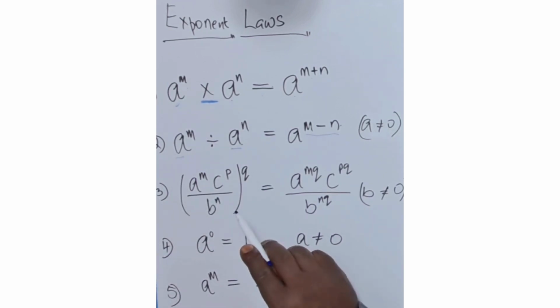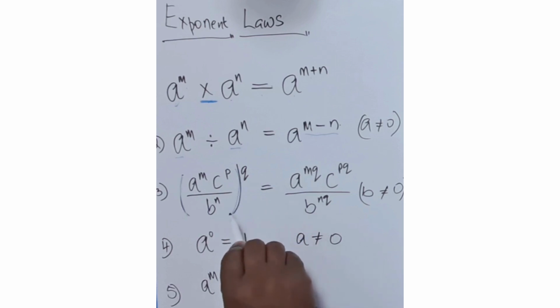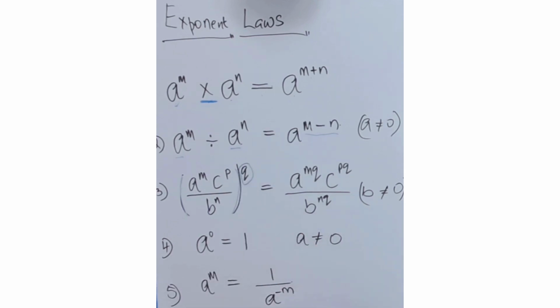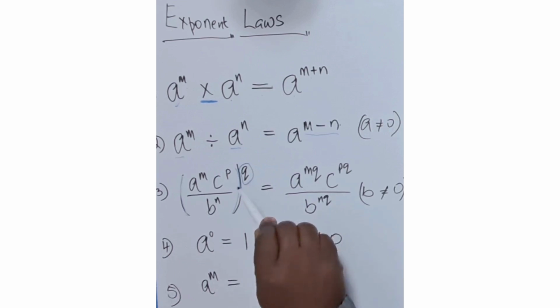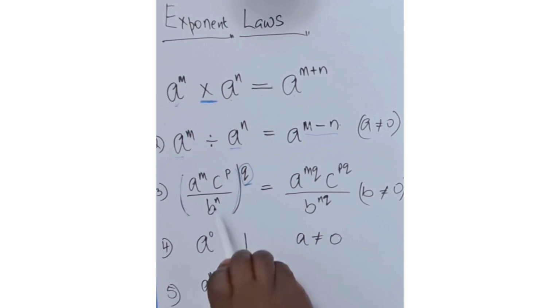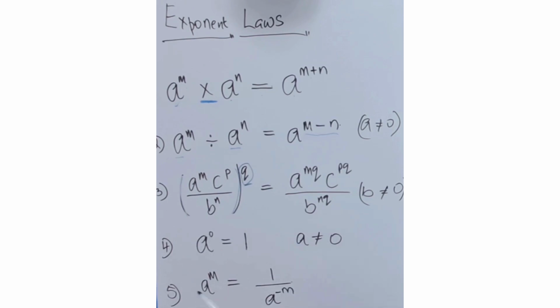So the third law says if you have brackets and you've raised whatever is inside the bracket to a power, in this case q, every exponent inside the bracket is multiplied by this exponent which is outside the bracket.